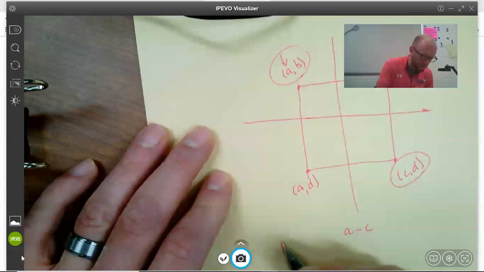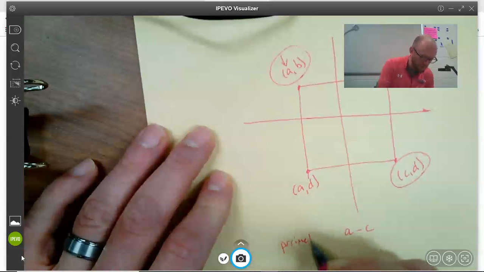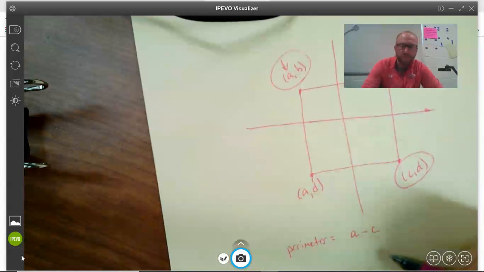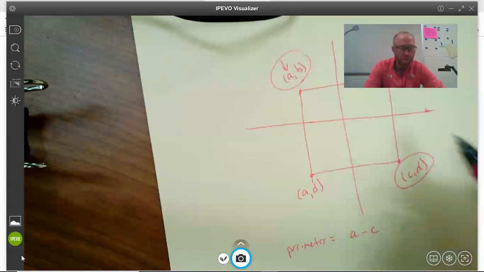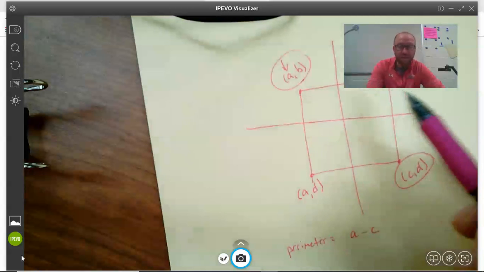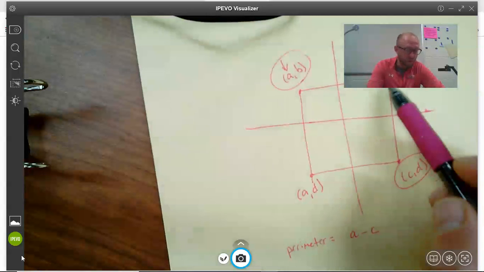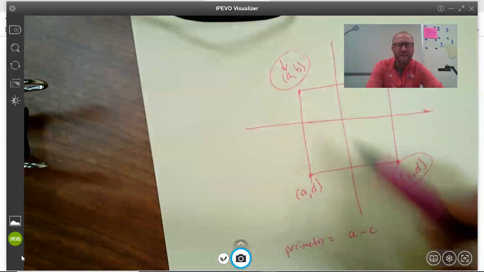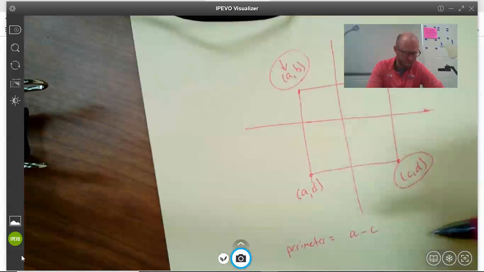Perimeter. Now, here's where we have a slight issue. Because A minus C, the way we've drawn it, looks like it's going to be negative, because it's a small number minus a big number, or a negative number minus a positive number. If I just kind of drew the grid like this, we don't really know.